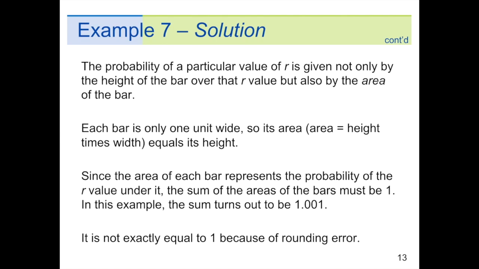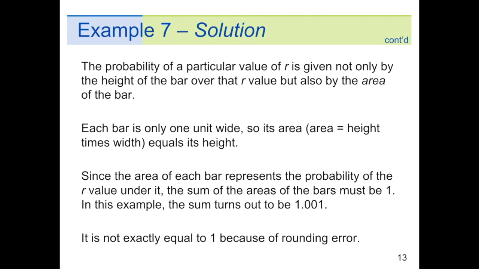However, if there are a lot of R values, you can spread them out, and the probabilities would be based on different widths. But it's much easier to deal with a width of 1, so you're not getting confused.